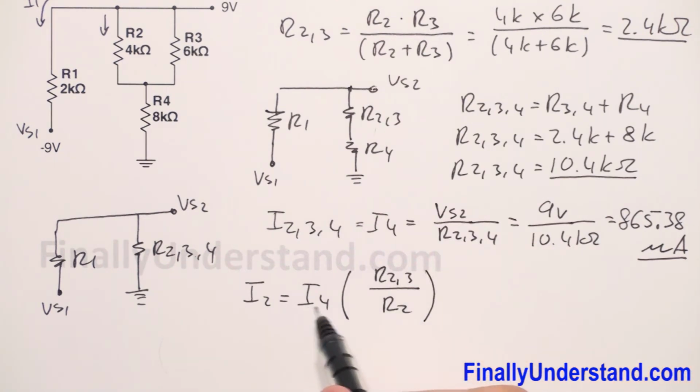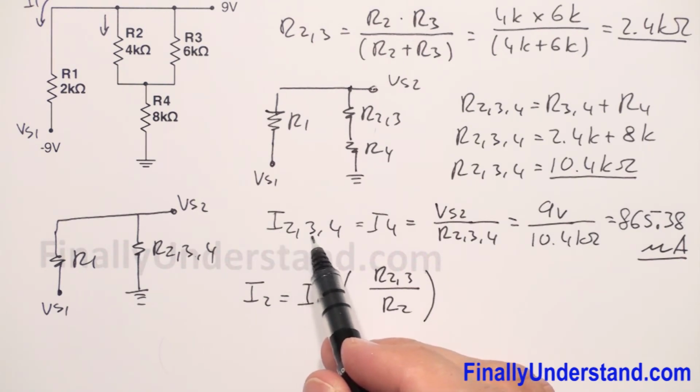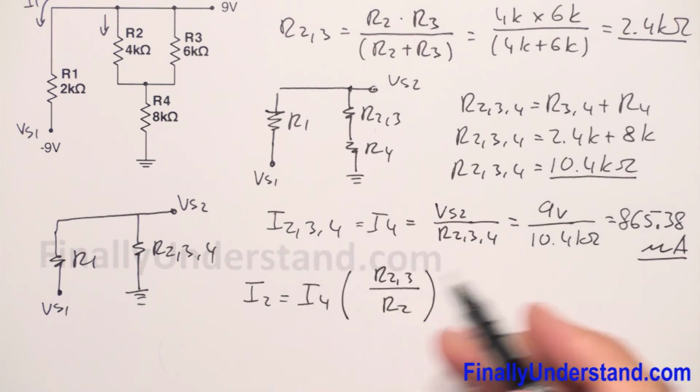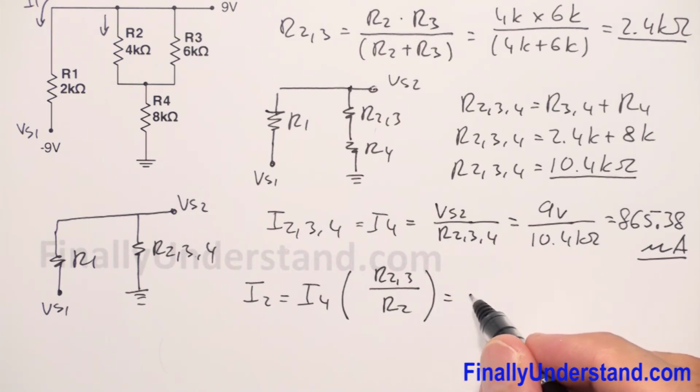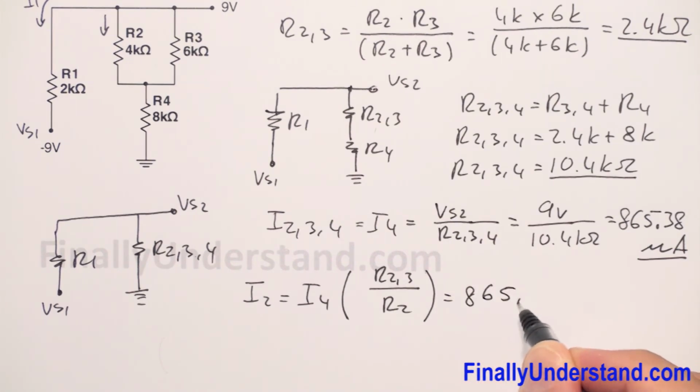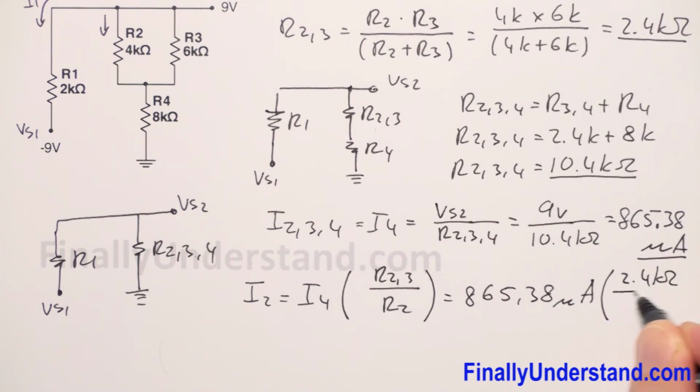Instead of I4 you can also use I234, because this is the same current. So this is equal to 865.38 microamps times R23, which is equal to 2.4 kilo ohms, over R2, which is equal to 4K.